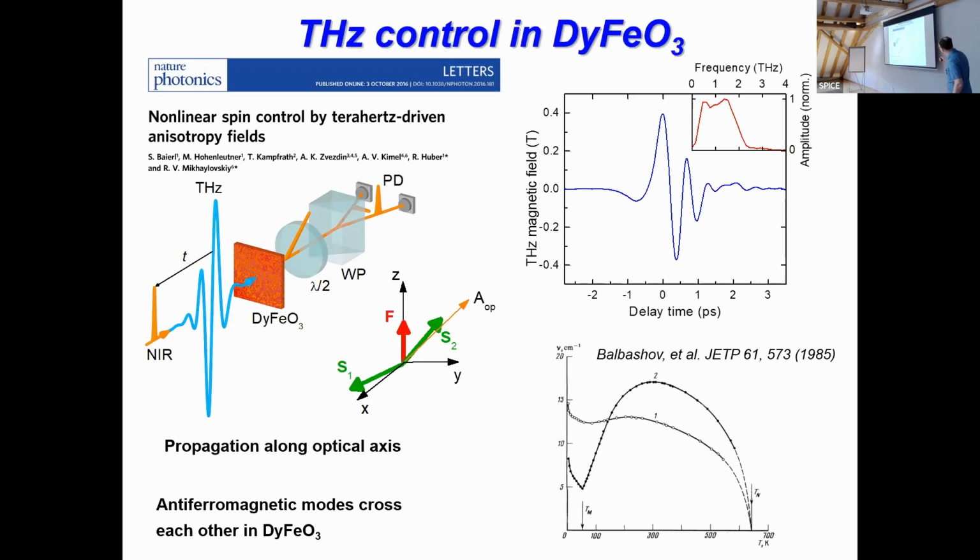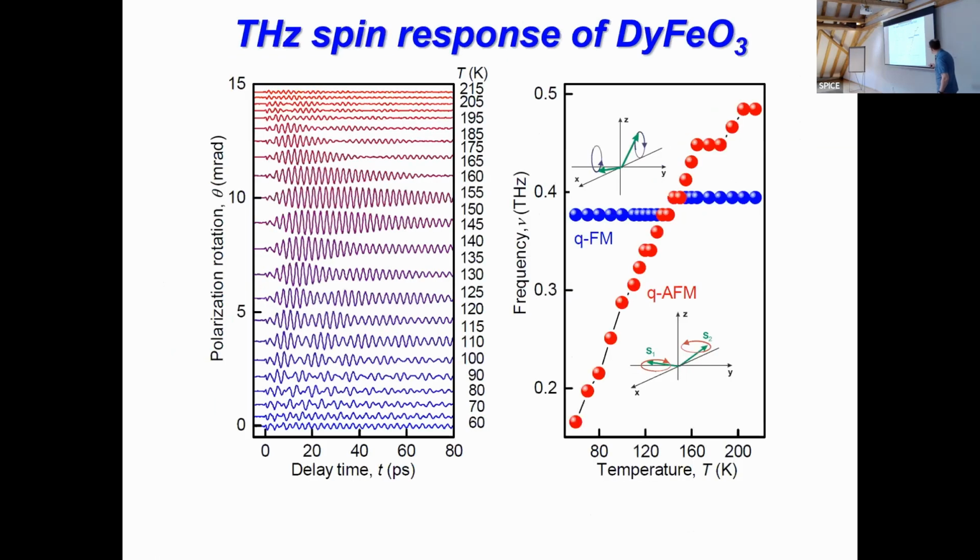And here you can see the indicative waveform of our terahertz pulse and the corresponding spectrum. On this graph, you can see the time domain Faraday signals, which is essentially a sum of two oscillations corresponding to the frequencies of the two antiferromagnetic modes in this material.